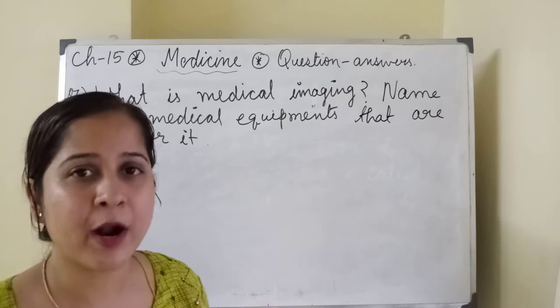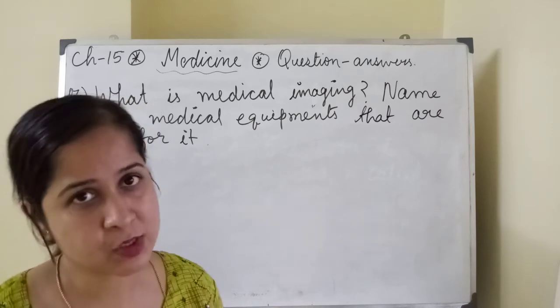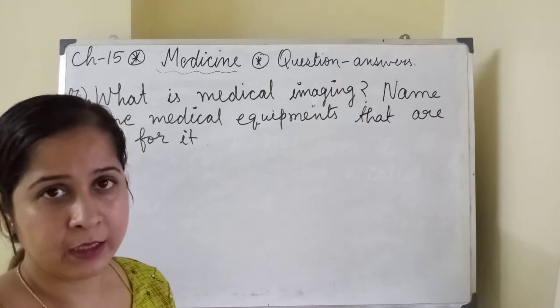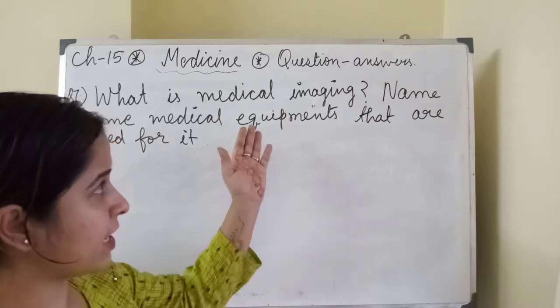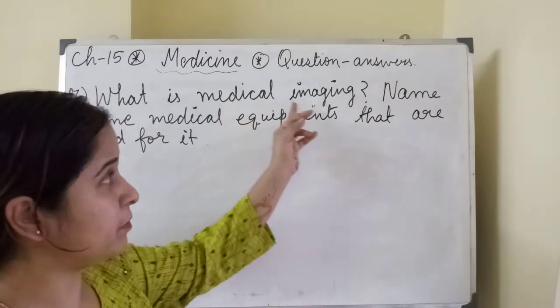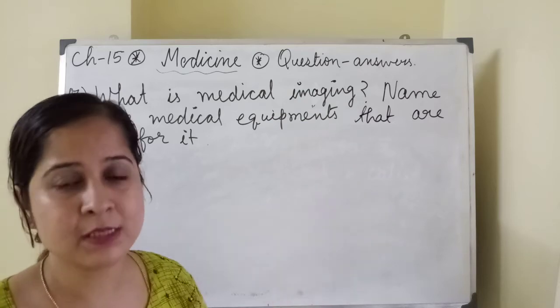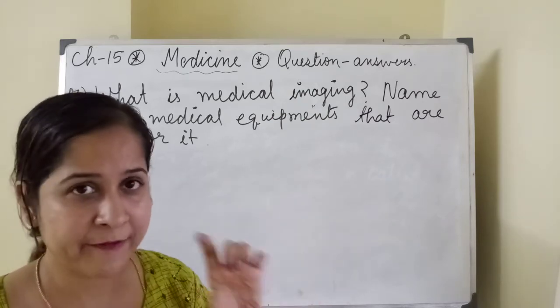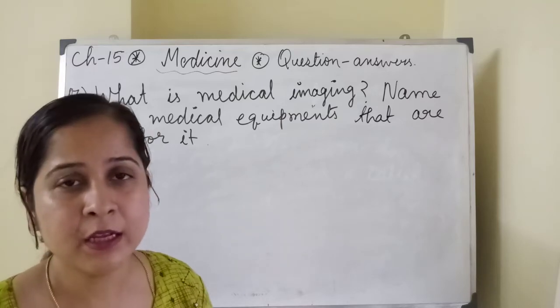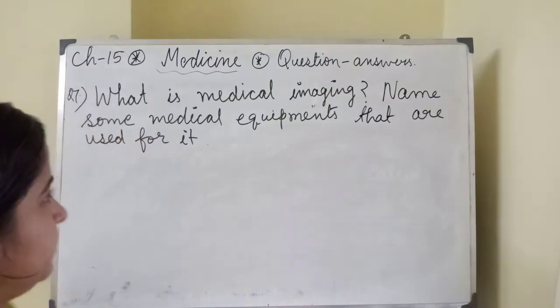But the internal part of the body, how do we see? It is quite difficult to find out. So the doctors are using some techniques. This is called medical imaging, by which photographs of internal organs can be taken and doctors see the condition and accordingly they can prescribe the medicine.